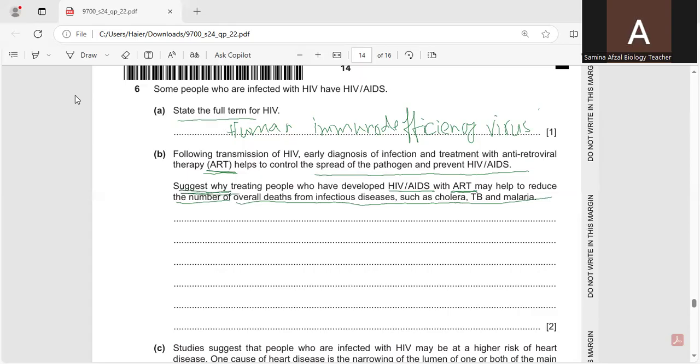So people who are treated with ART, the antiretroviral therapy, have fewer infections with cholera, TB, and malaria. So we have to suggest why.